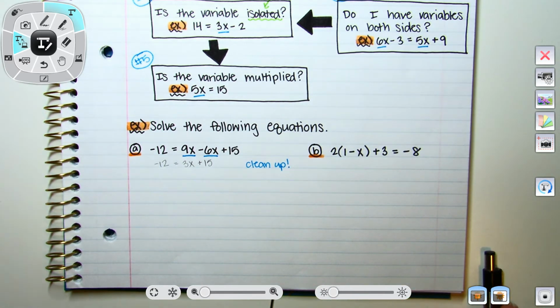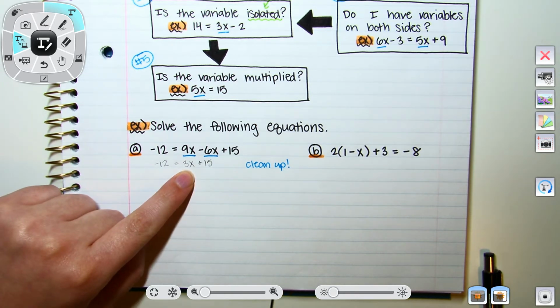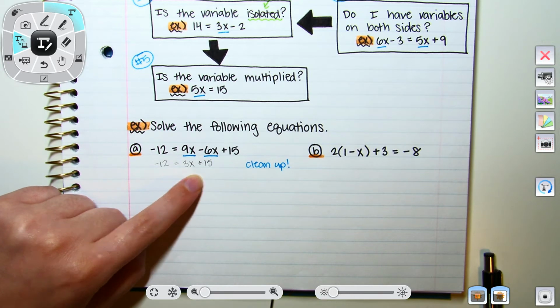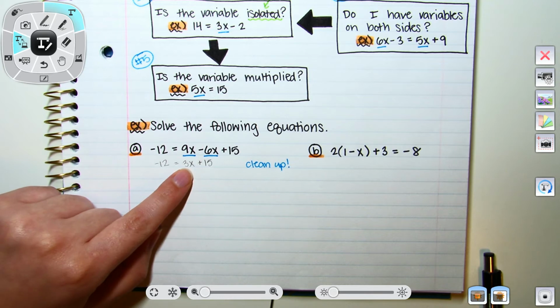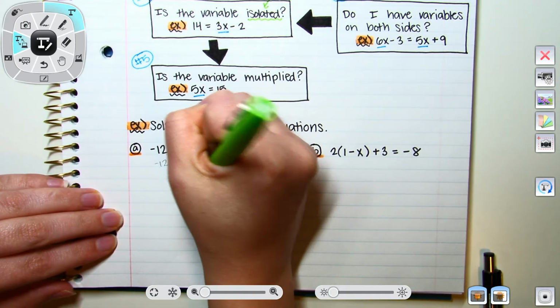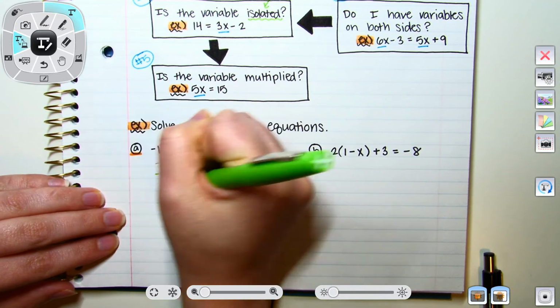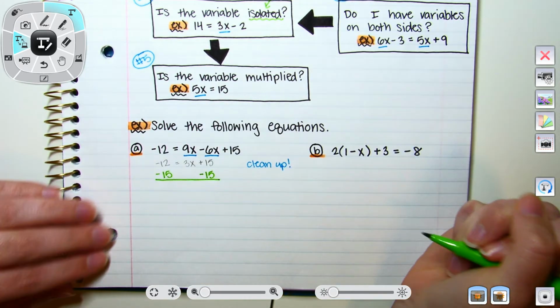All right, now the next thing that we need to do is we want this 3x to be isolated. Right now, it's on the same side with this 15, so we need to get that 15 moved away from it. Now, it doesn't matter if your x value is isolated on the right side or left side of the equals sign. So I'm going to keep it over here on the right-hand side. And I'm going to subtract 15 from both sides.